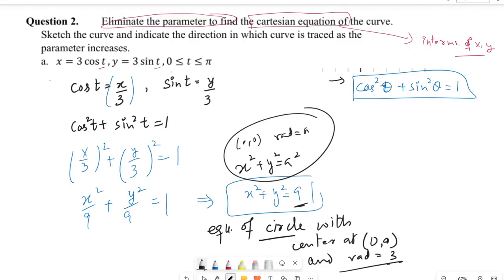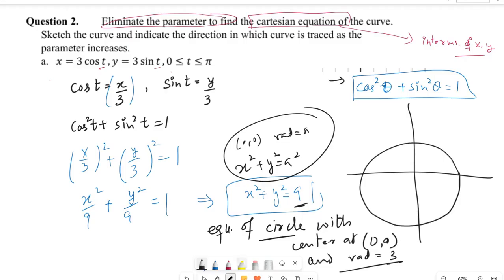Okay, let's try to draw the graph of this. So this is a circle, but you guys notice here in the question t is given to be from 0 to pi. So let's see what the x value is when t is 0. x is 3 cosine 0, which is 3, and y is 3 sine 0, which is also 0, right? So that means my first point is 3, 0.